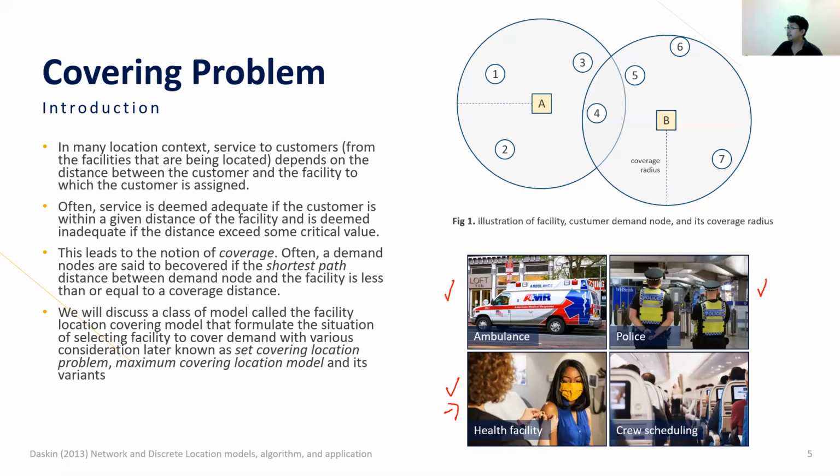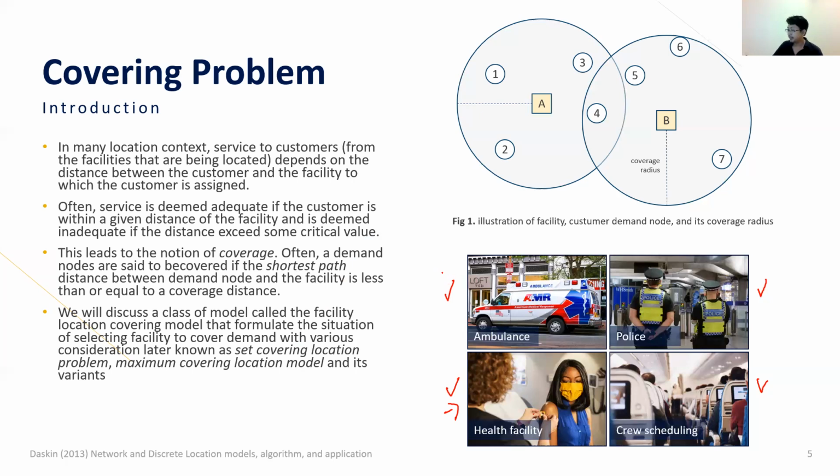And not only facilities, this covering model can also be applied to crew scheduling problems, because crew is a resource, right? Resources need to cover several schedules, which are the demand. So you can model it as a covering problem, but it's not a facility-related problem.